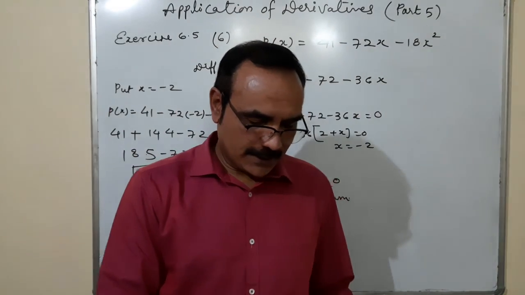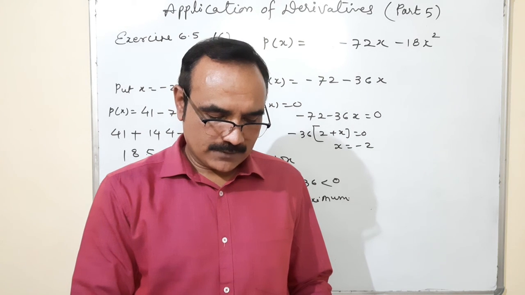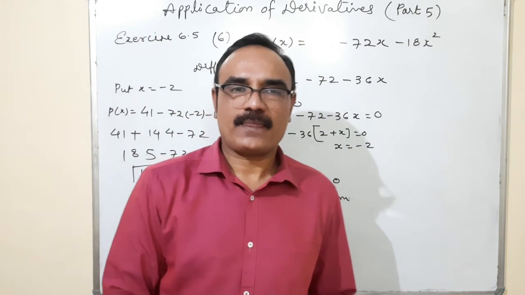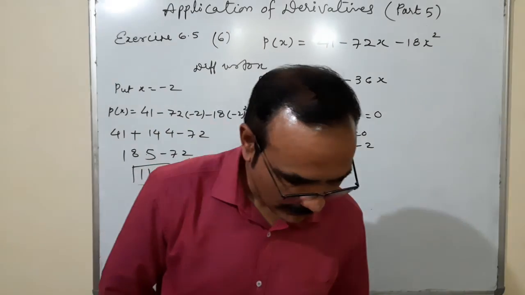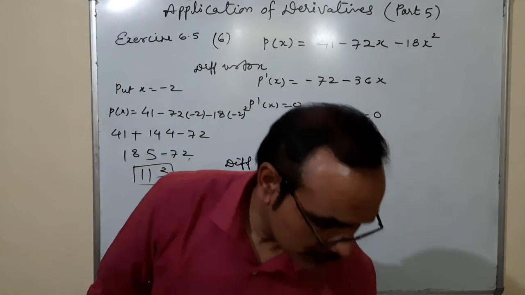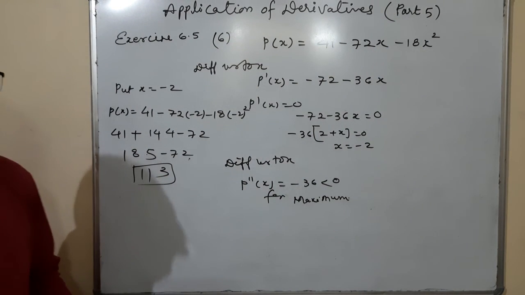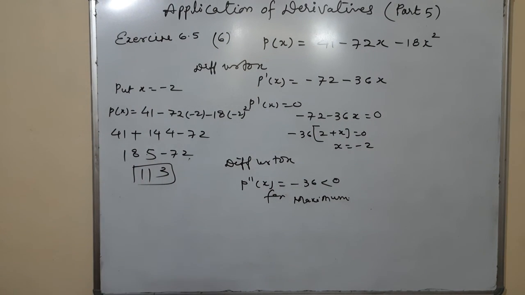At what point in the interval 0 to 2 pi does the function sine 2x attain its maximum value? This is the question I am solving, question number 8 of this exercise.